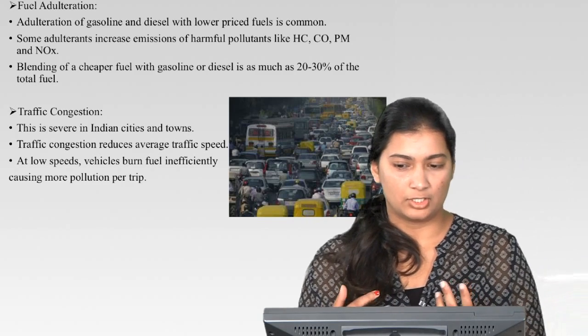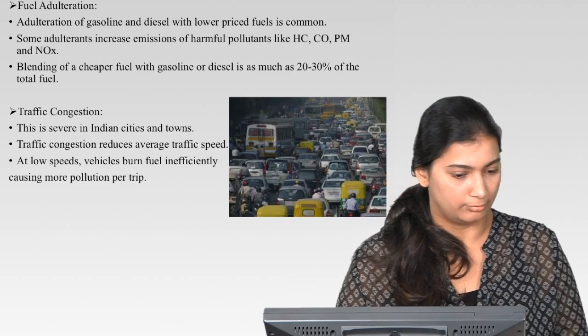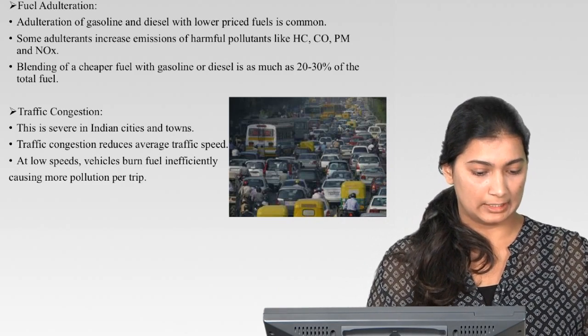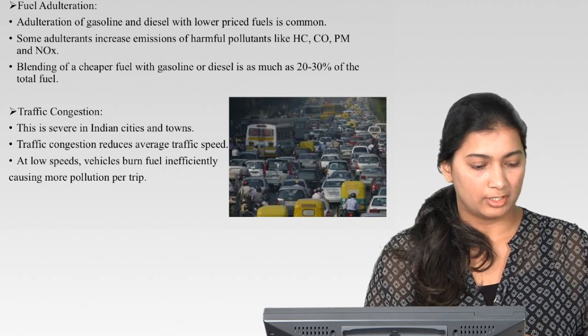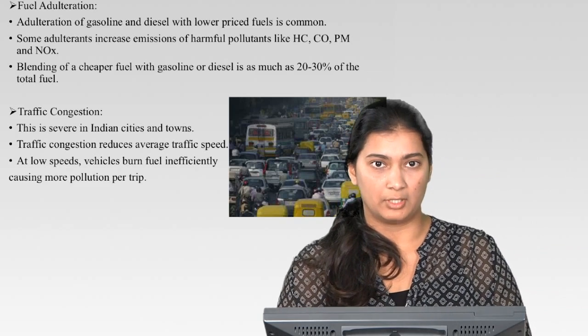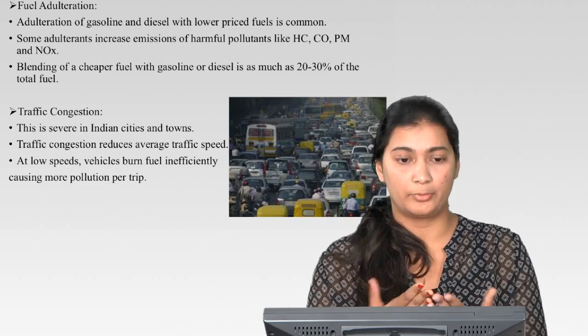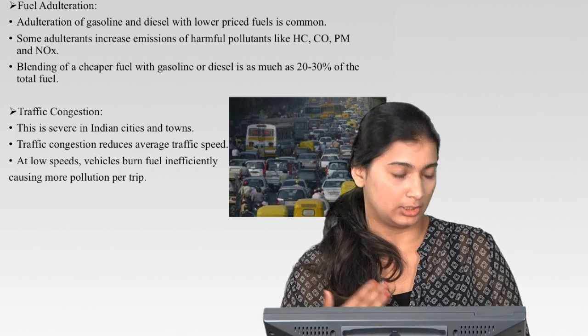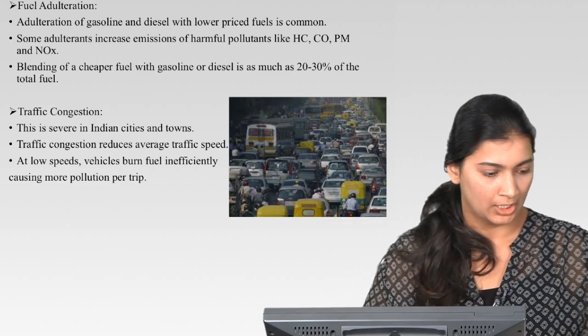The blending is as much as 20 to 30% of the total fuel. So for a low-wage driver, the adulteration can yield short-term savings which are significant over the month. This problem is also being tackled by the government by giving incentives.